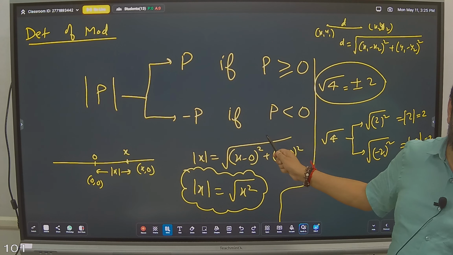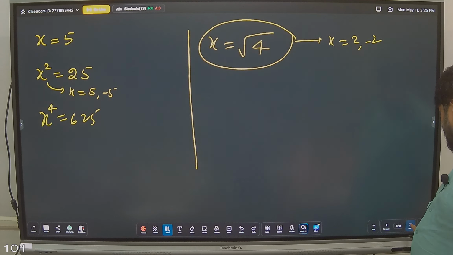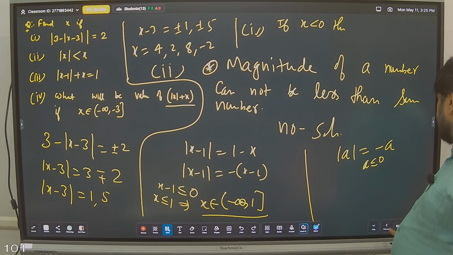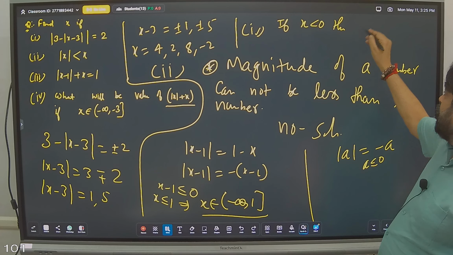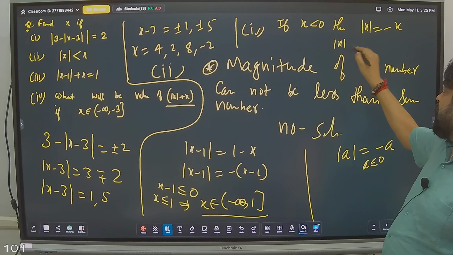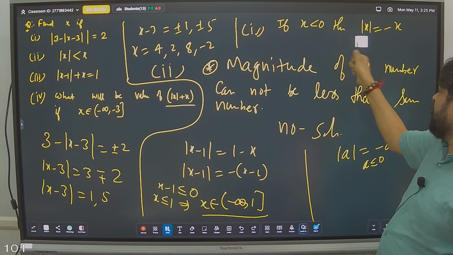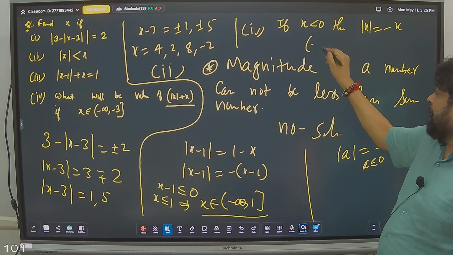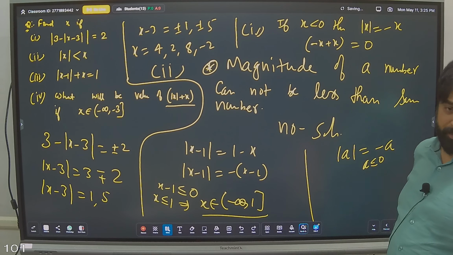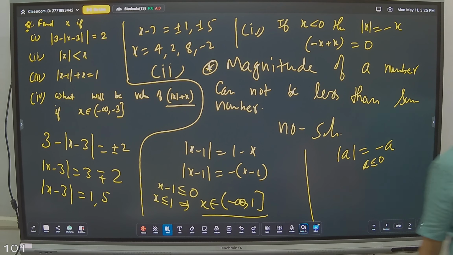Speak out. So here x is negative, x is less than 0, then mod x will be minus x. So mod x plus x, you can substitute that value here: minus x plus x. Value 0. Is this point clear?